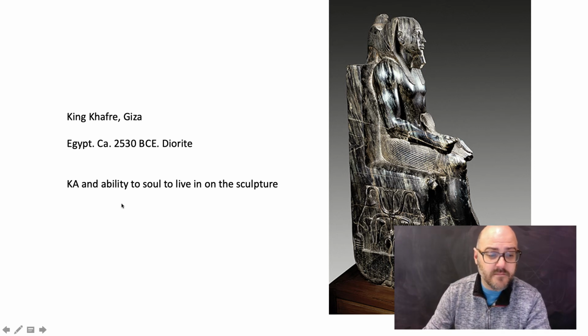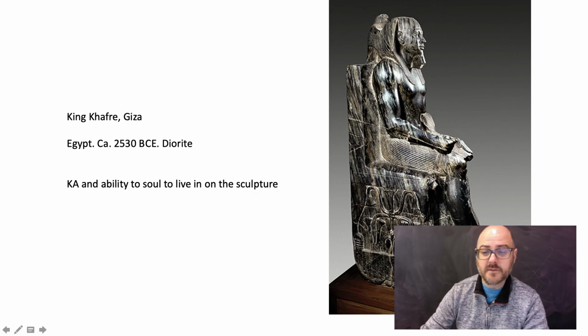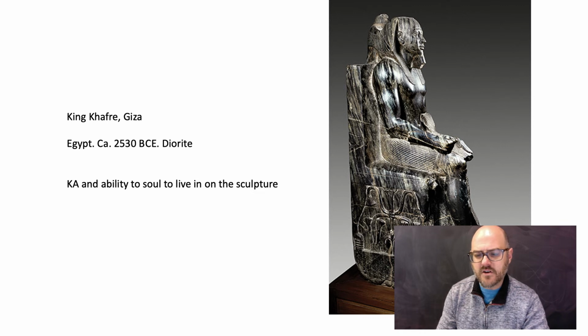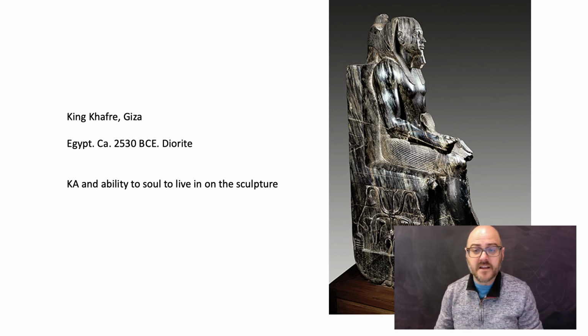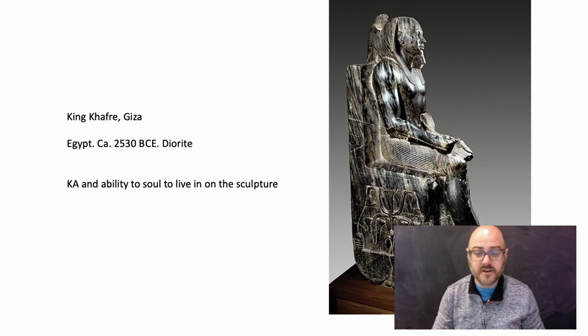So remember, when we think about Ka, the spirit or the soul, and the ability for it to live on or be embodied in sculptures, we can see that represented here. And just like in the sculpture of Menkaure, this is made of diorite, this really difficult hard stone to carve, and we know that it's going to last a really long time. And so the Ka, the spirit, the soul that's attached to that sculpture, is also going to live on in perpetuity, forever, continuously.